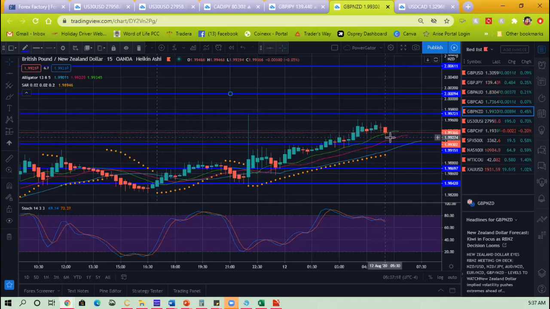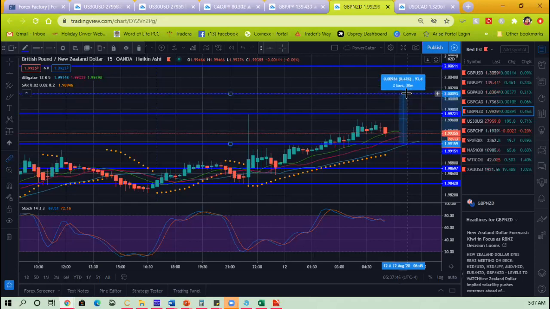When it gets ready to go back, let's say for instance it comes down to here, because it can very well come down to this support and resistance line. If it does that, and then you see it makes its turn to go back, then you know it's going to keep going, it's going to keep buying. Now you're looking at 93.4 pips.